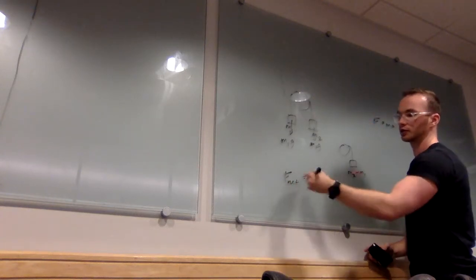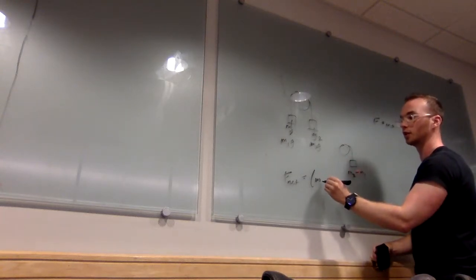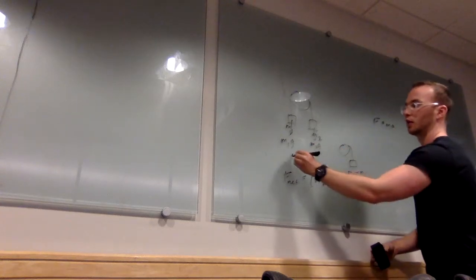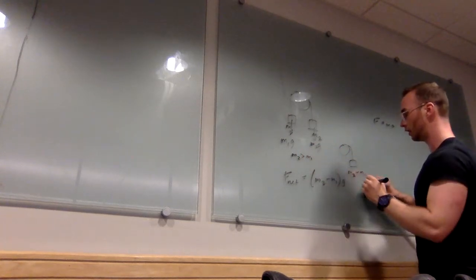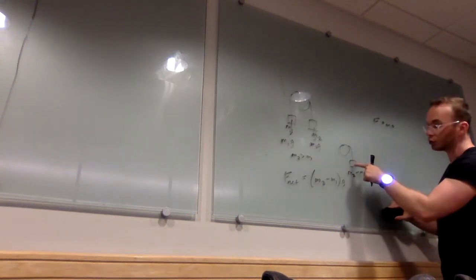Technically I should be drawing the free body diagram for the wheel, but whatever. We actually get (m2 minus m1)g, assuming m2 is greater than m1, right? So we get the same force as this.